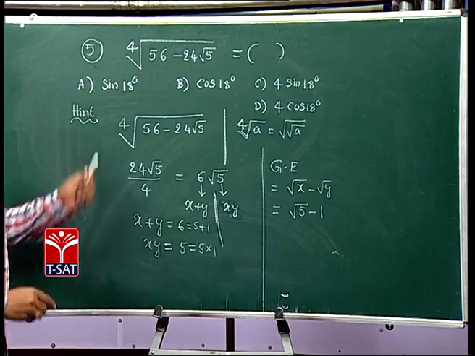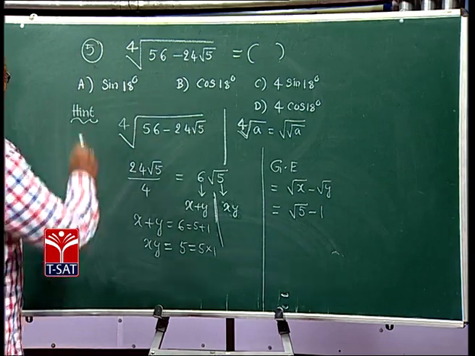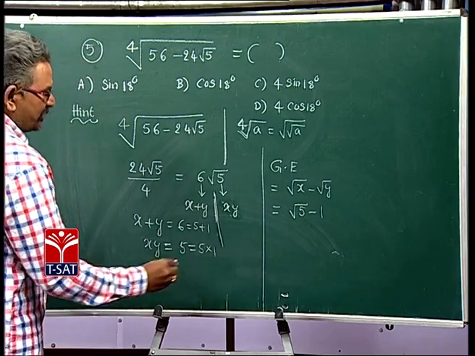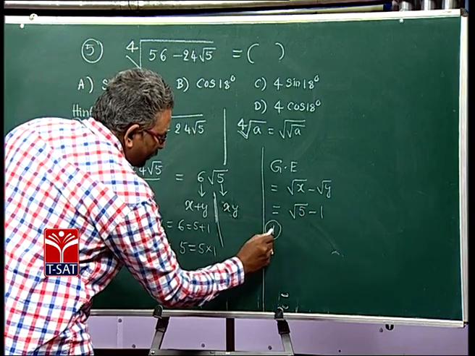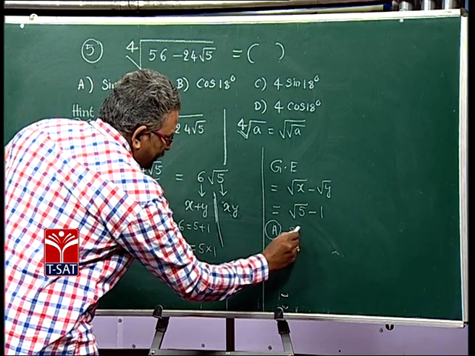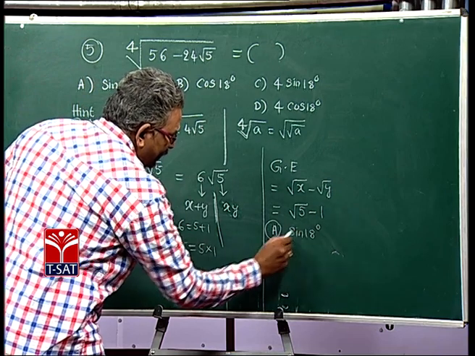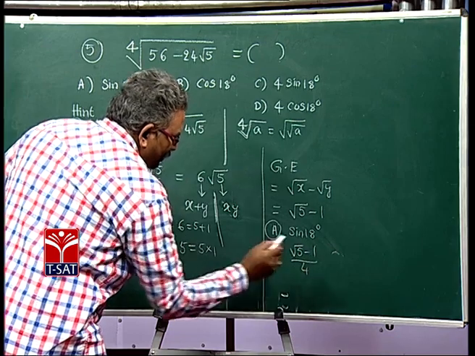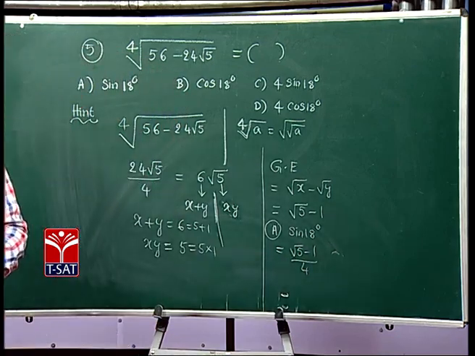But now check the options. The first option, A, is sin 18. Sin 18 is equal to root 5 minus 1 by 4, better you remember.